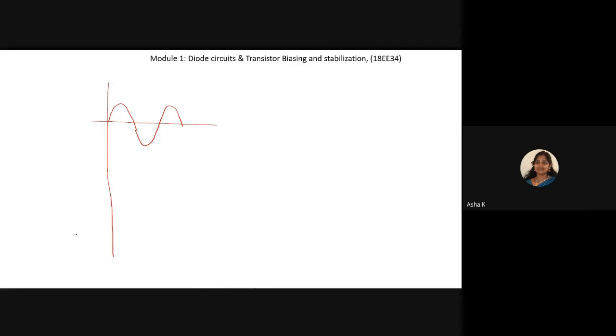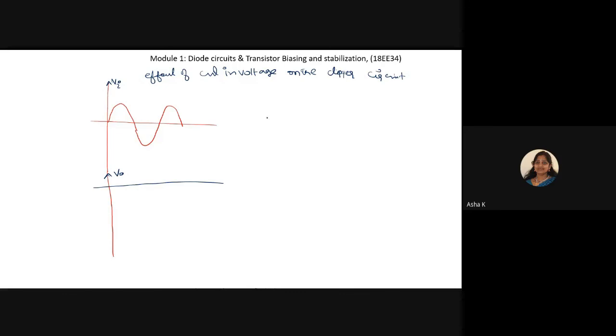For this input sinusoidal wave, the output, since the diode that I have used here has a knee voltage, shows the effect of cut-in voltage on the clipper circuit. V input is there here, so this is V output that we are having.